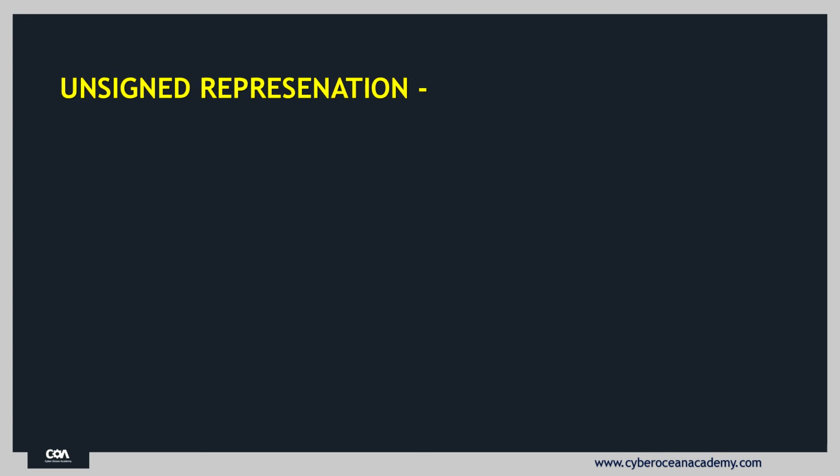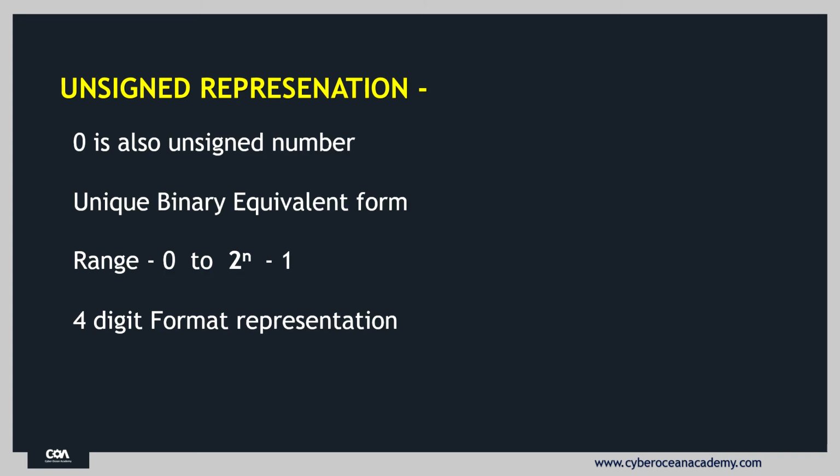Now, what is unsigned representation, what are the conventions we follow in unsigned representation, and what are the certain constraints, or we can say the limitations. First of all, we consider 0 as an unsigned number, because in the binary number system there are only two digits, 0 and 1.